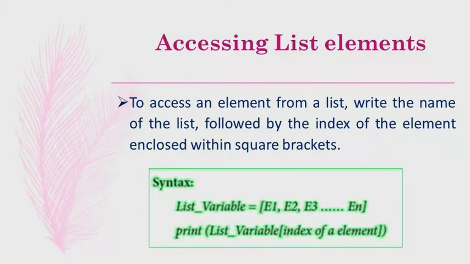So see this syntax to access an element from a list. First you have to write the list variable name and write the list elements. If you want to access any one element from that list, write print, then the list name, and next write the index of that element within the square brackets.